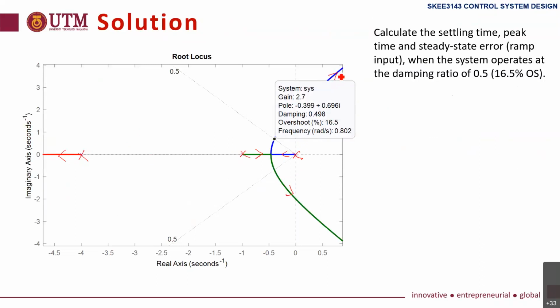When we want zeta 0.5, we draw the zeta line 0.5. We get this. This is the closed loop pole.